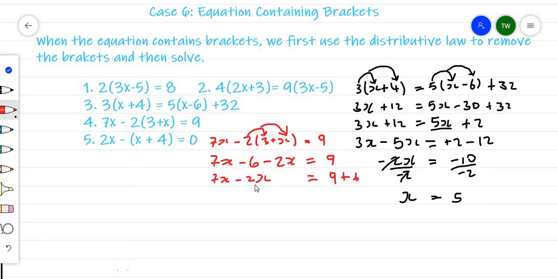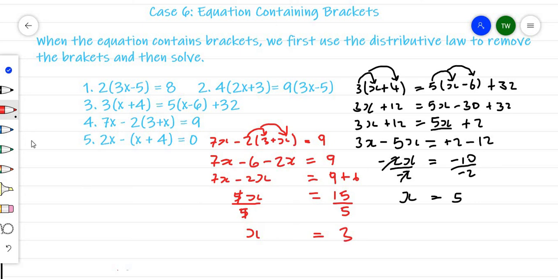So 7x minus 2x, that leaves me with 5x equals 9 plus 6, that's going to give me 15. And in order to determine the value of x, I need to divide both sides by 5. If I divide both sides by 5, 5 will cancel out 5 here, leaving back with just x. And x is going to equal 15 divided by 5, which is 3.